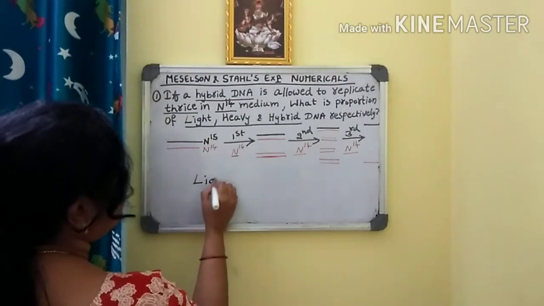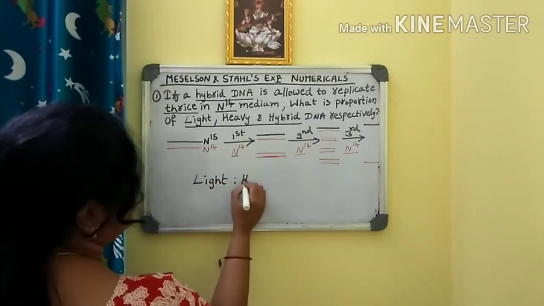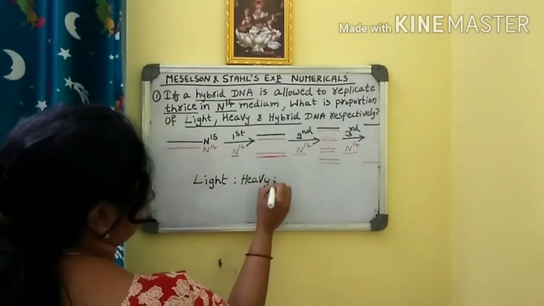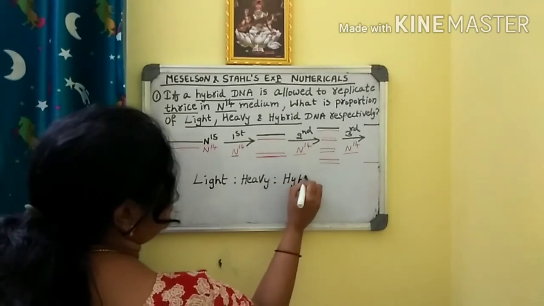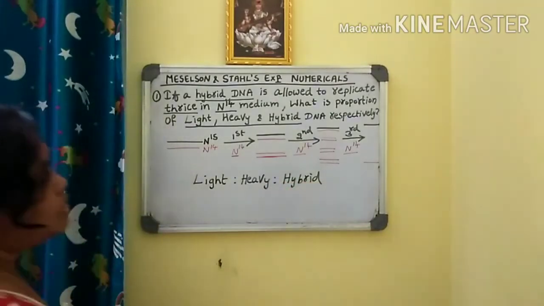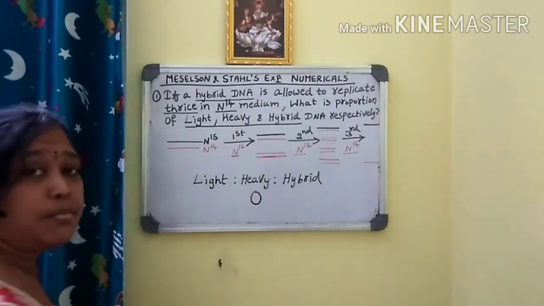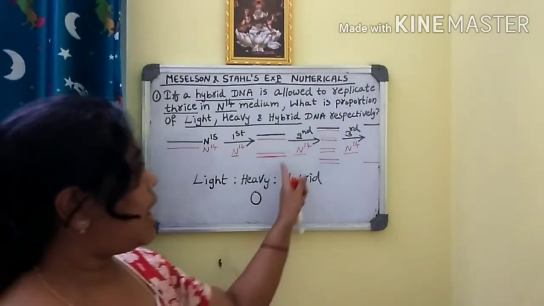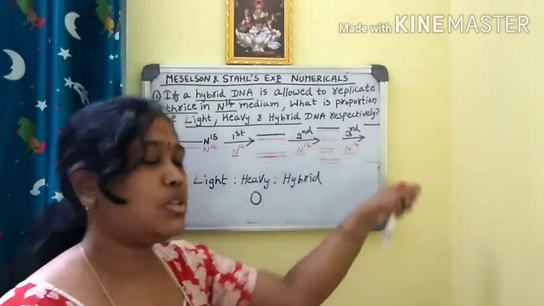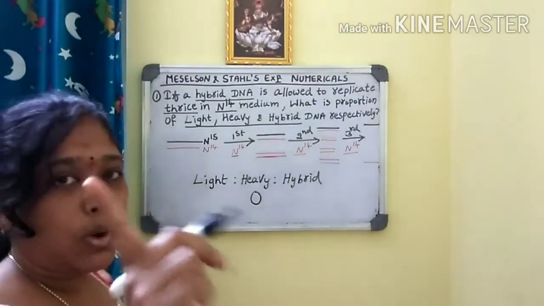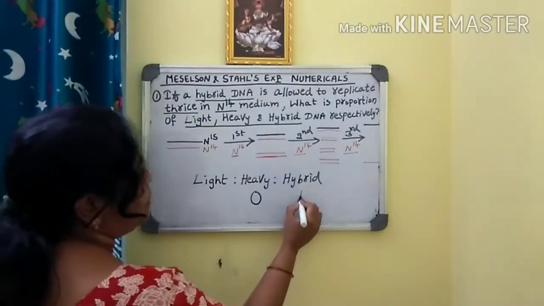And what did they ask? They asked for the proportion of light to heavy to hybrid DNA. So here you can't see any heavy, so it will be 0. And for the hybrid DNA, however many generations you continue, you will get only one hybrid DNA. Okay.